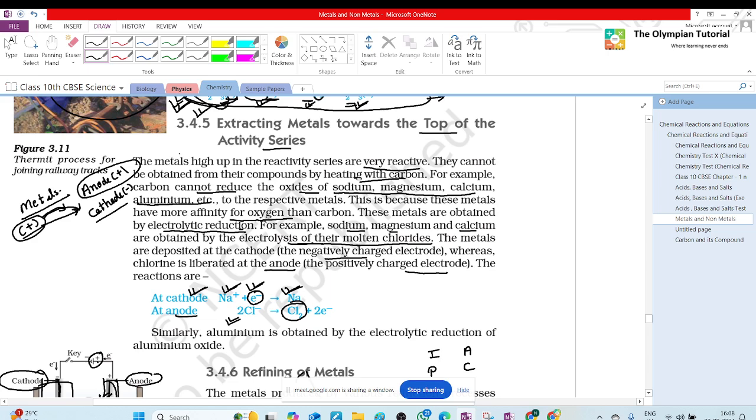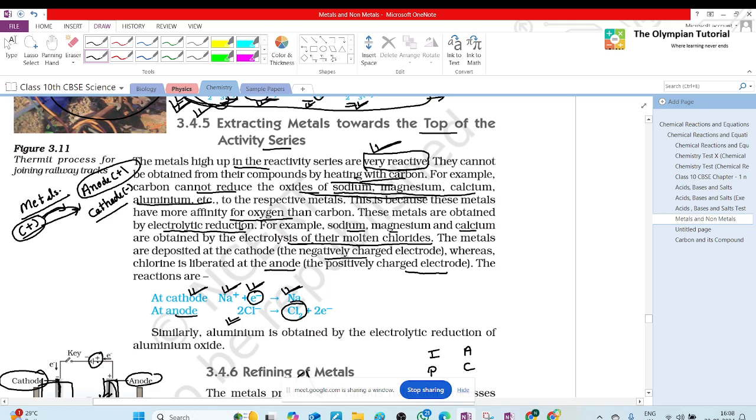The metals high up in the reactivity series are very reactive. They cannot be obtained from their compounds by heating with carbon because they are highly reactive. And carbon cannot reduce the oxides of sodium, magnesium, calcium, and aluminium to their respective metals because these metals are highly reactive and have more affinity towards oxygen than carbon.